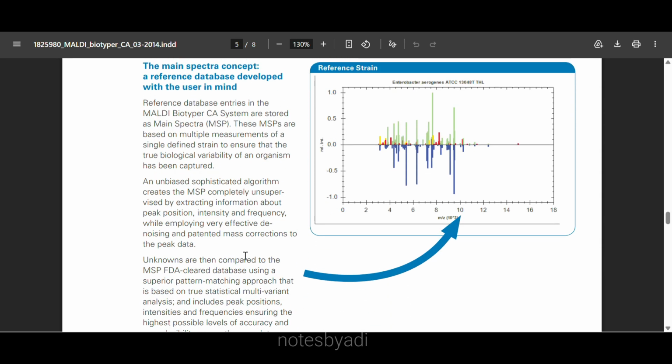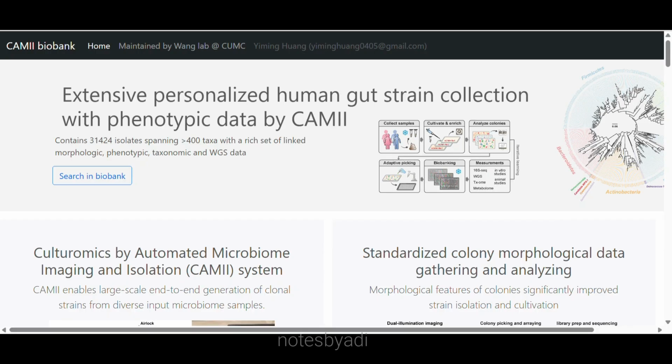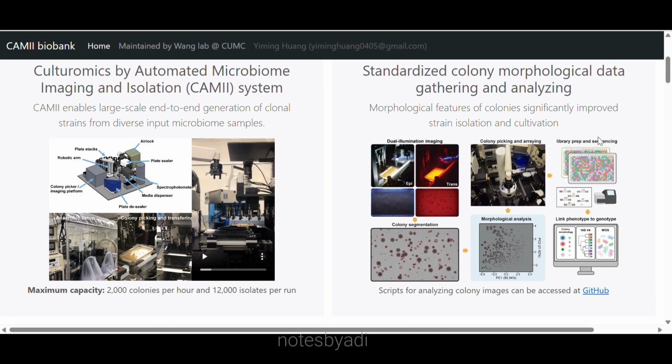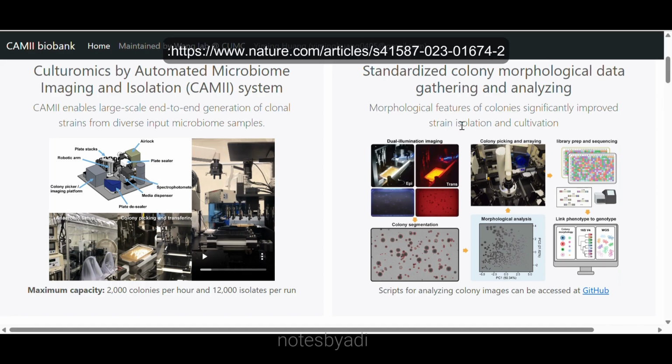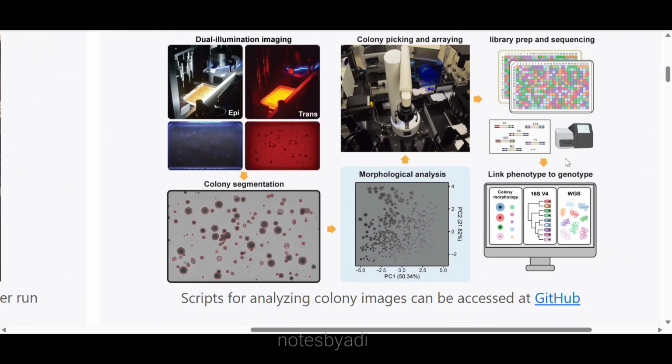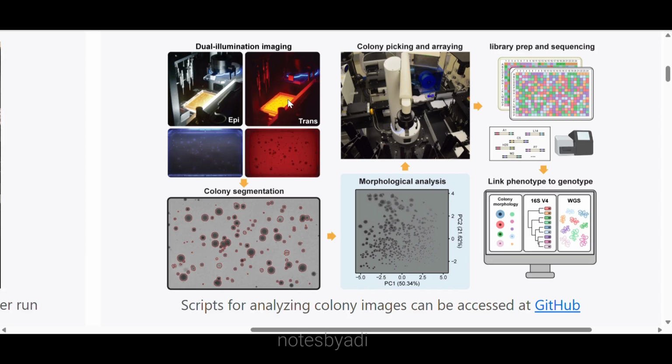Another interesting approach is using machine learning on the cultured microbes. The recently published CAMI robot, which stands for Culturomics by Automated Microbiome Imaging and Isolation, uses computer vision to leverage colony morphology, which is basically the visual appearance of the colony, and the genomic data to identify the strains in the culture.